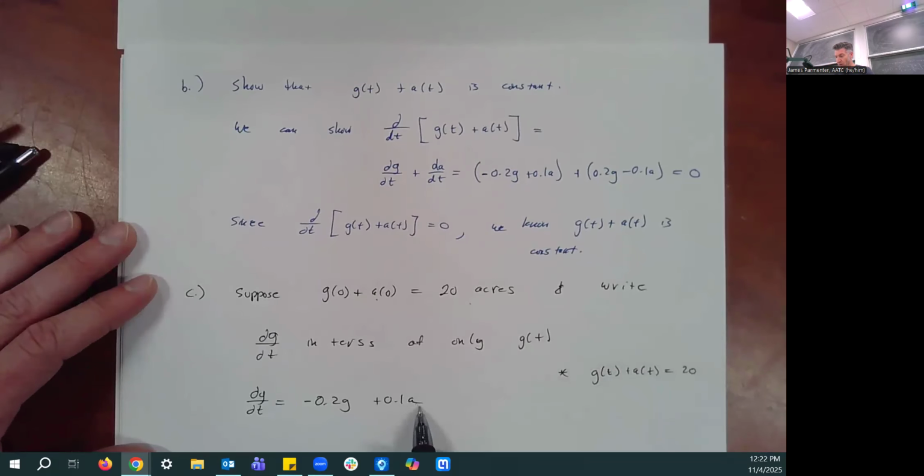Rewriting it, dg dt equals negative 0.2 minus 0.1, which is negative 0.3 times g, and then 0.1 times 20 is just plus 2. Why do this?